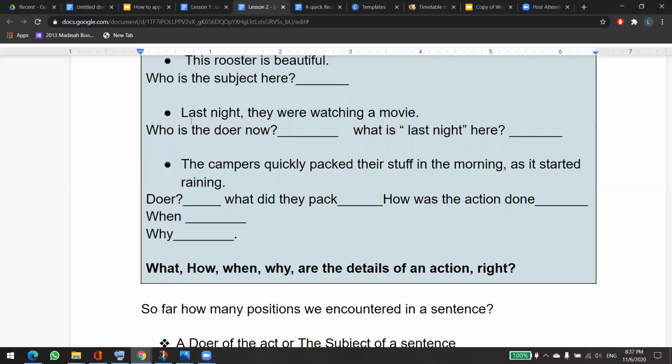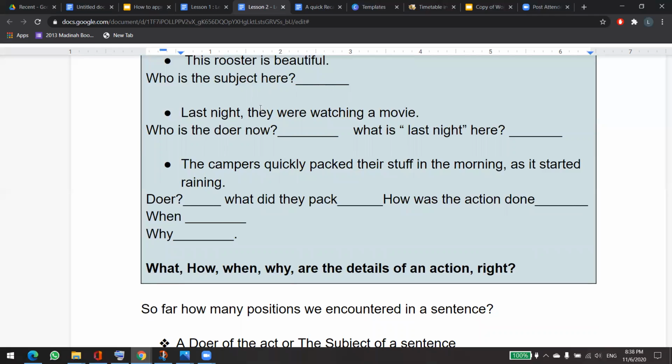Then another sentence. Last night they were watching a movie. So there was an action going on, right? Were watching is the fi'l. So who were watching? The doer of the action? They were watching, right?